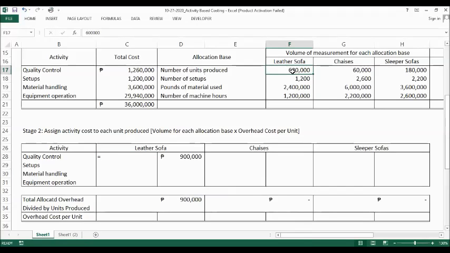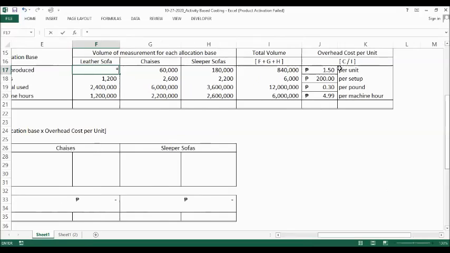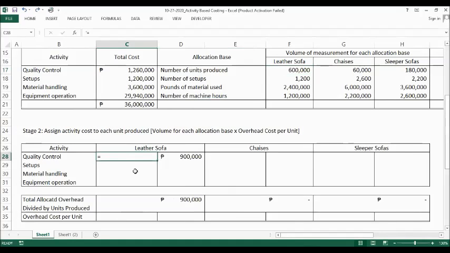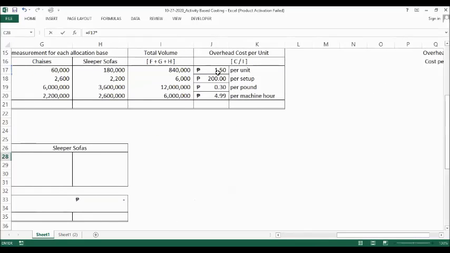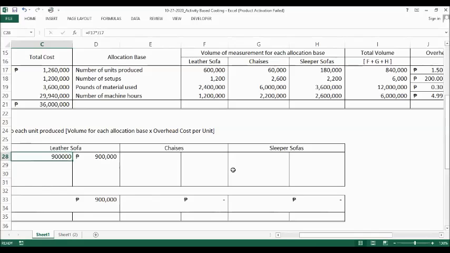Volume times 1.5. So, ano to? Equals this one times 1.5. So, ayun yun. Ito yun.